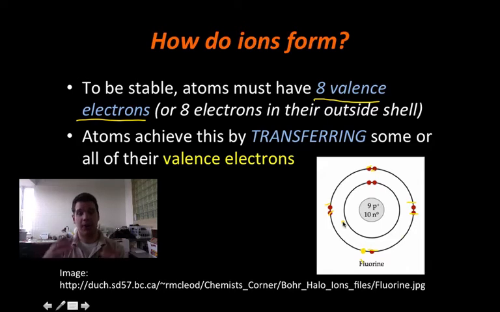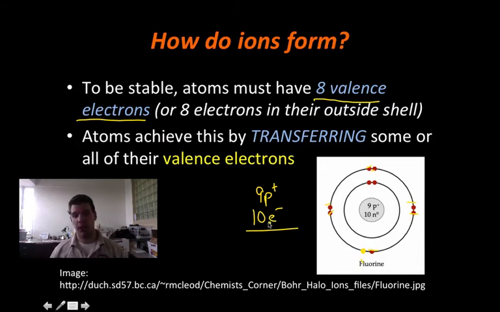But you see how that creates the imbalance with the protons and the electrons, because we started with 9 protons that are positive, and we started with 9 electrons, 1, 2, 3, 4, 5, 6, 7, 8, 9, but we just pulled an extra one in, so now he actually has 10 negative electrons. That's a problem, right? That means that the atom's going to have a charge on it.